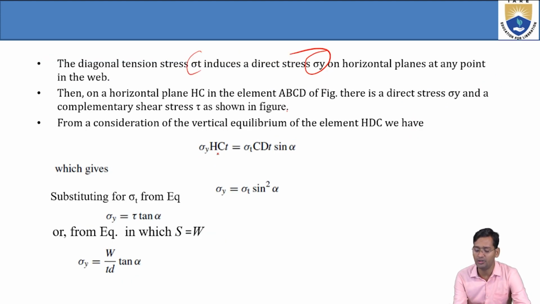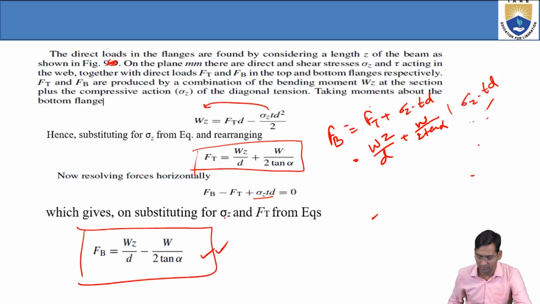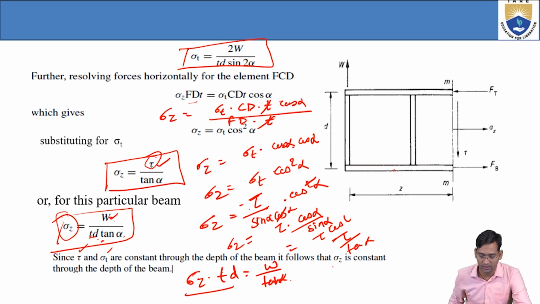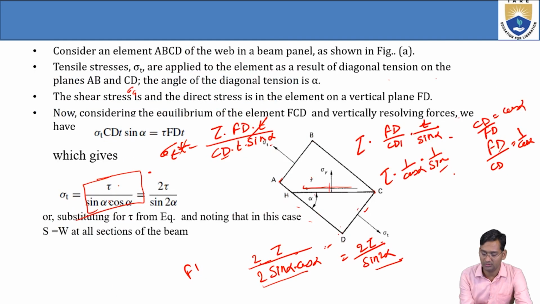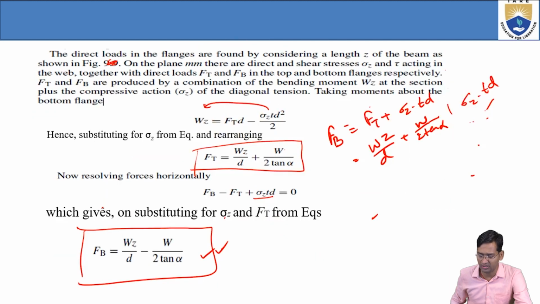So sigma Y into HC into T equals to sigma T into CD into T sine alpha. Now from here, substitute that sigma T value what we found. Sigma T is 2W by TD sine 2 alpha, or T by sine alpha cos alpha, same thing you can substitute.